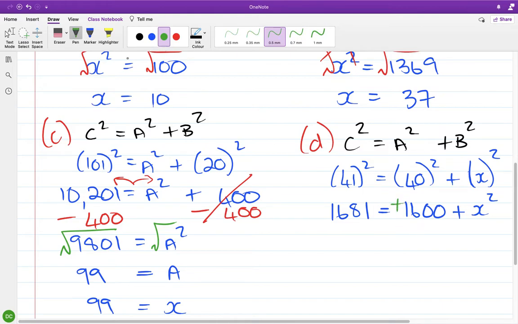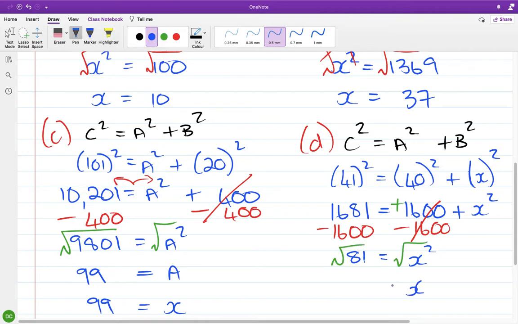This is a plus 1600, so to remove it, I need to do a minus 1600. Minus 1600 on the right means I need to minus 1600 on the left. 1681 minus 1600 is 81 for x squared, and then square root, again, both sides to remove the square, and you get x equals 9.